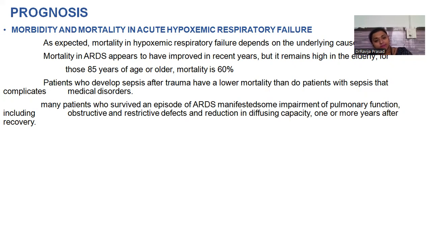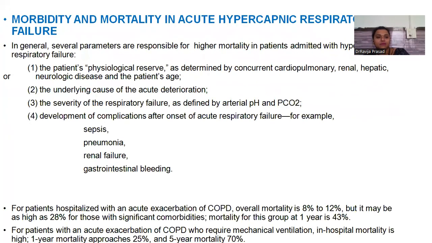A patient who develops sepsis after trauma has a lower mortality than patients with sepsis complicating medical disorders. Many patients who survived an episode of ARDS manifest some impairment of pulmonary function, including obstructive and restrictive defects and reduction in diffusing capacity 1 or more years after recovery. Now, that is hypoxemic respiratory failure.